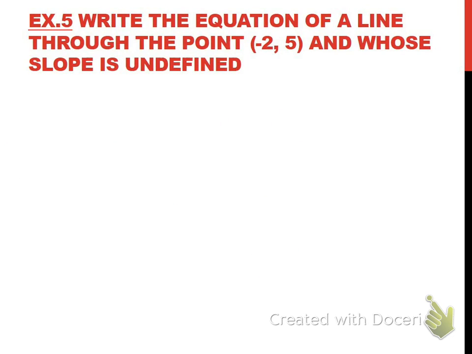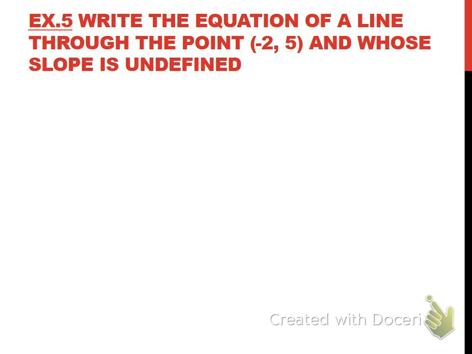Write the equation of a line through the point negative 2, 5, and whose slope is undefined. If the slope is undefined, what kind of line is it going to be? A vertical line. And we have to know that vertical lines have what form for their equation?